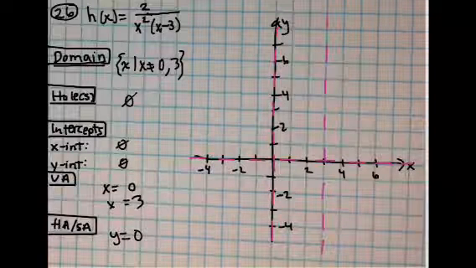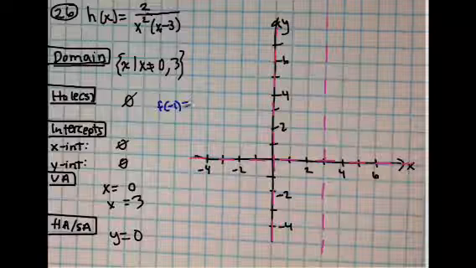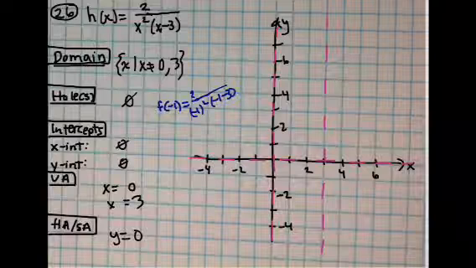negative 1. So f of negative 1, and I'll write here on the left side. That's going to give you 2 over negative 1 squared times negative 1 minus 3. I know it's kind of messy.